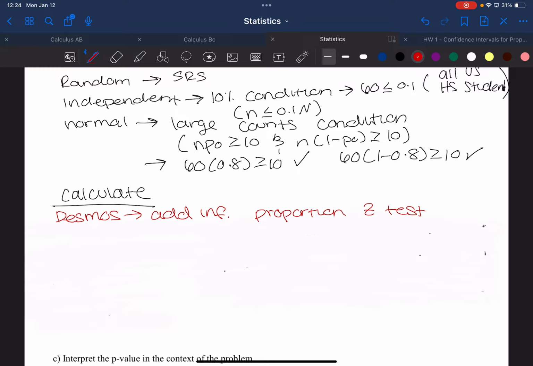We get those from the problem. Then we click on significance test, and then we put in our p-naught value. Then it's going to give us our z-score and our p-value.